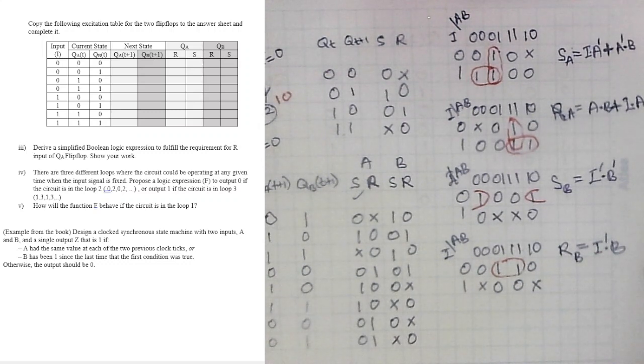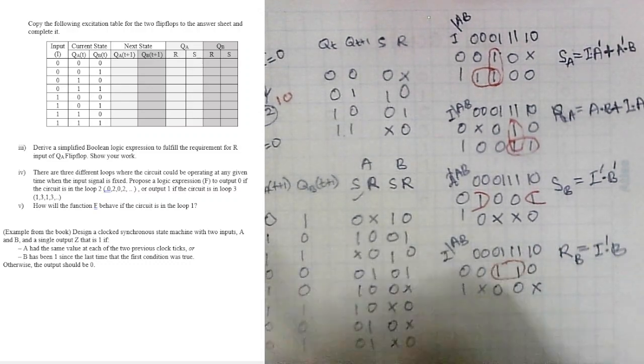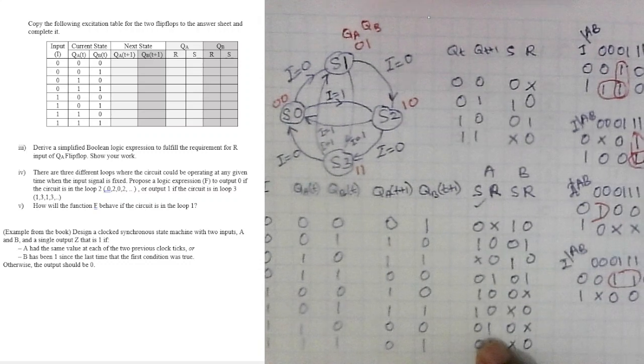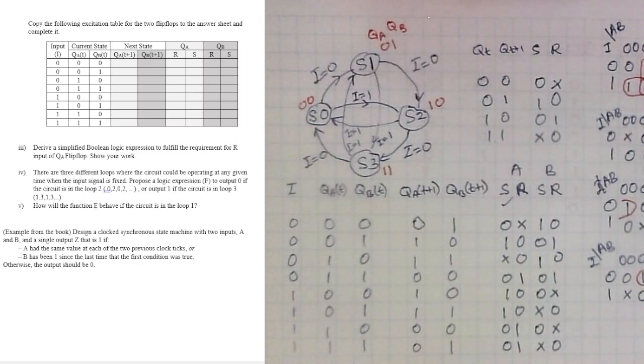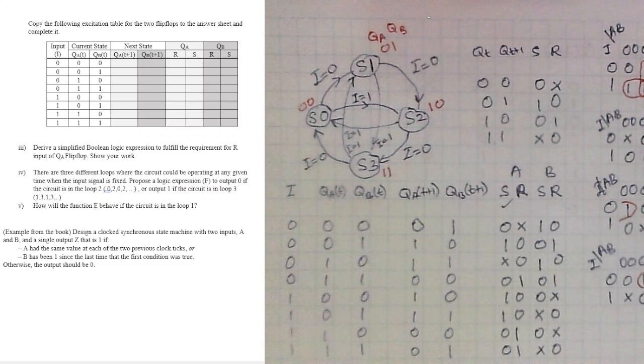So now we have the entire set of signals, and if we give these signals to two SR flip-flops, we have the entire circuit which is necessary to run this state transition circuit. Okay, so what else is asked in the question?